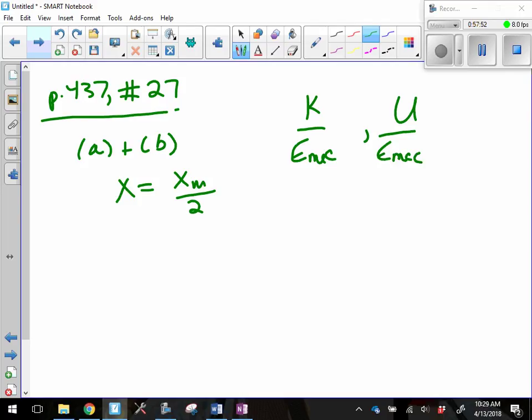That's what we're looking for, what fraction of the total energy, which is Emec, is bound up in kinetic, and what fraction is bound up in potential. Keeping in mind that I have to add those two together and they have to be equal to 1, right?